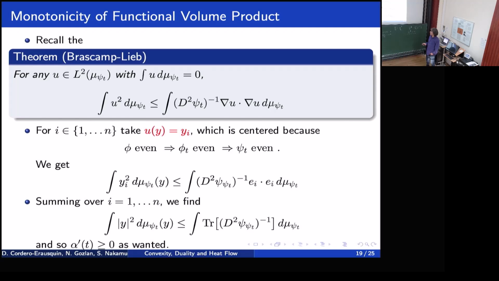So you have y, this is the coordinate y, yi squared smaller than the Hessian, and the gradient is just the usual orthonormal basis associated, the orthonormal basis ei. Now, if you sum over all ei, over all i, here you get y squared, and here you get the trace. So this Blaschke-Santalo gives you exactly what you wanted, that this derivative is non-negative.